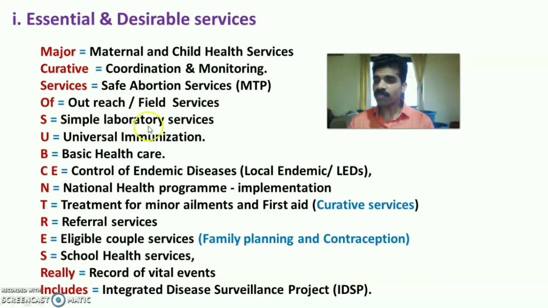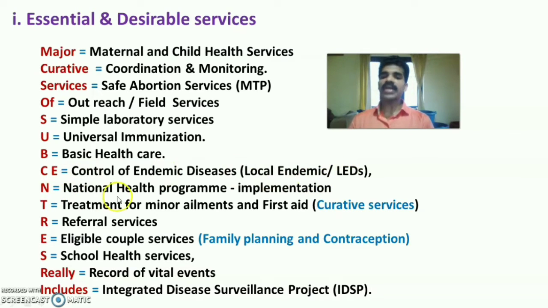S stands for simple laboratory services, U stands for universal immunization, B stands for basic healthcare services, CE stands for control of endemic diseases. So C stands for control and E stands for endemic diseases, that is, local endemic diseases, LEDs.